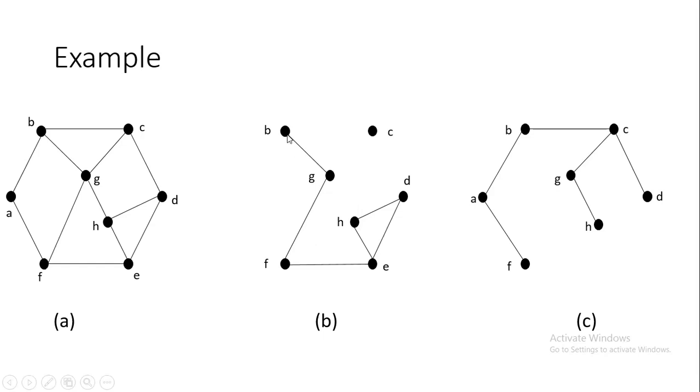Suppose, for example, the edge BG is present in the subgraph G dash, but in the complement of this subgraph it is not present. Similarly, if there is no edge from C to D in the subgraph, then that edge is present in the complement of the subgraph. It is totally opposite of the subgraph, and it is called the complement of the subgraph G dash. Those edges that are present in the subgraph are not present in the complement of the subgraph. So these are the examples of the subgraph and the complement of the subgraph.